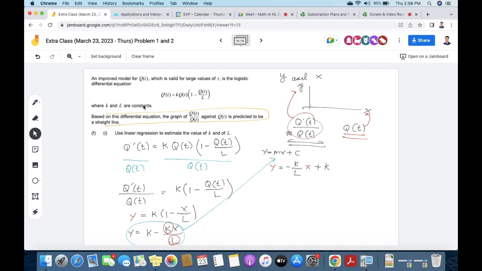We're in this form, the slope is equal to what? Negative k over l. And your y-intercept is equal to k. I hope this one is pretty clear. Okay, stop for a while. Try to understand. If you have confusions, please ask me questions before we proceed to the next step.